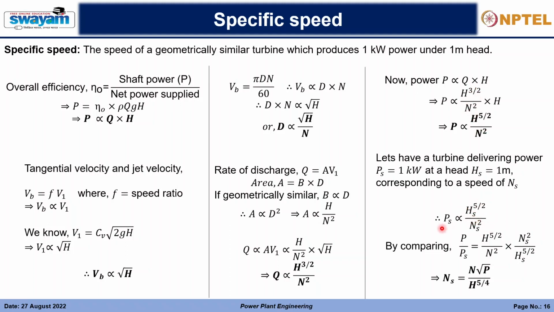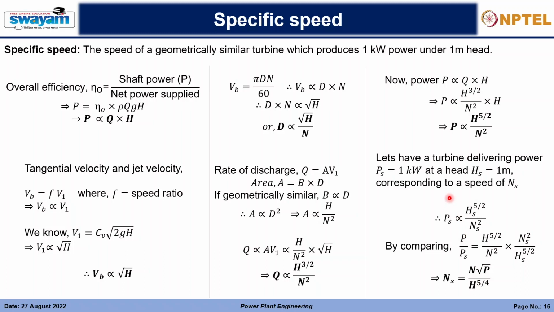Okay, only HS and PS are being replaced. So we will make a ratio of these two. P by PS we will get, and finally, PS is 1, HS is 1, so only remaining are NS, N, H and P. So finally we will get the specific speed. Okay, the specific speed is equal to N into root P divided by H to the power 5 by 4.